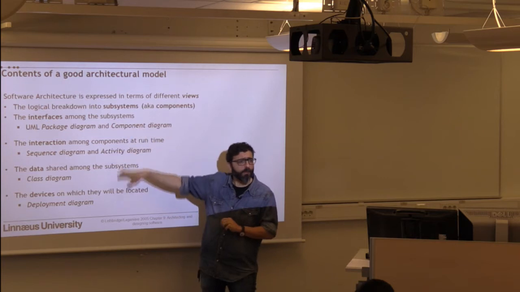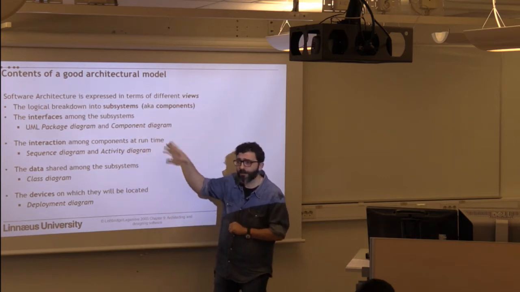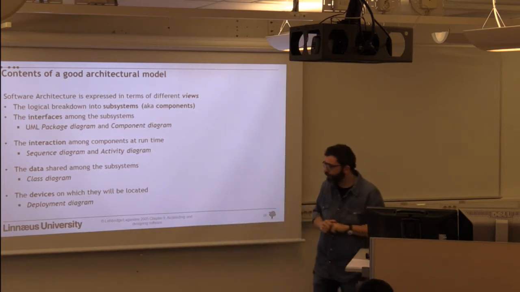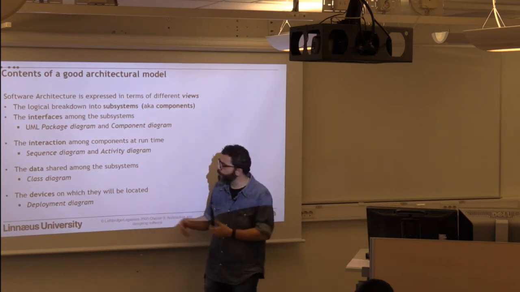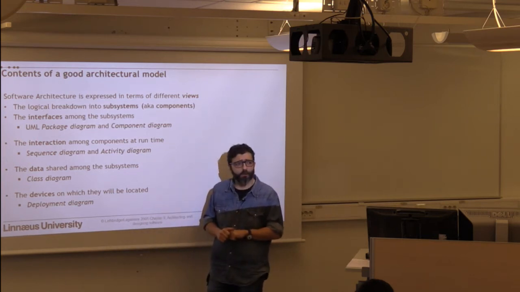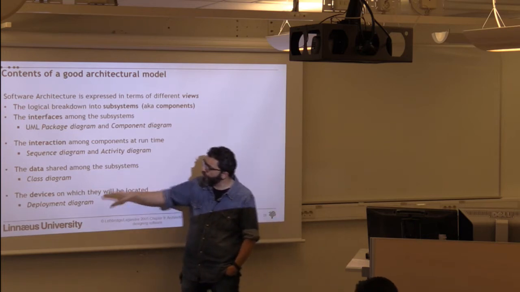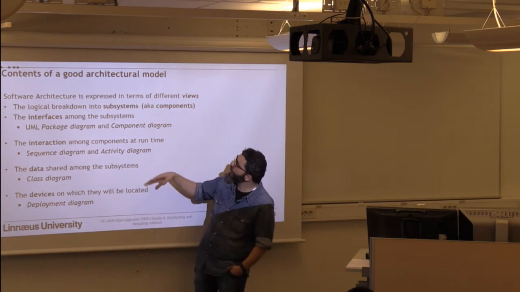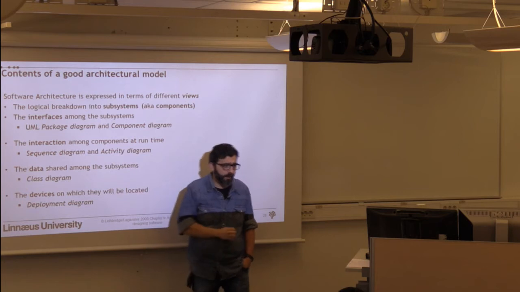So are you familiar with these diagrams? I guess so. Okay, then this is something that I give as an assumption, so we don't need to explain how they are used. But just remember that we want to use these different diagrams to express the different views that we need to define the architecture.